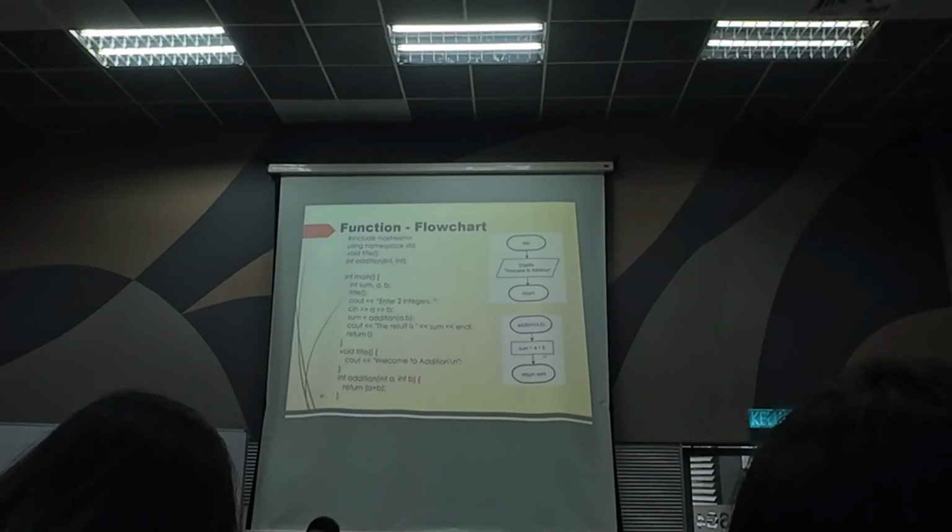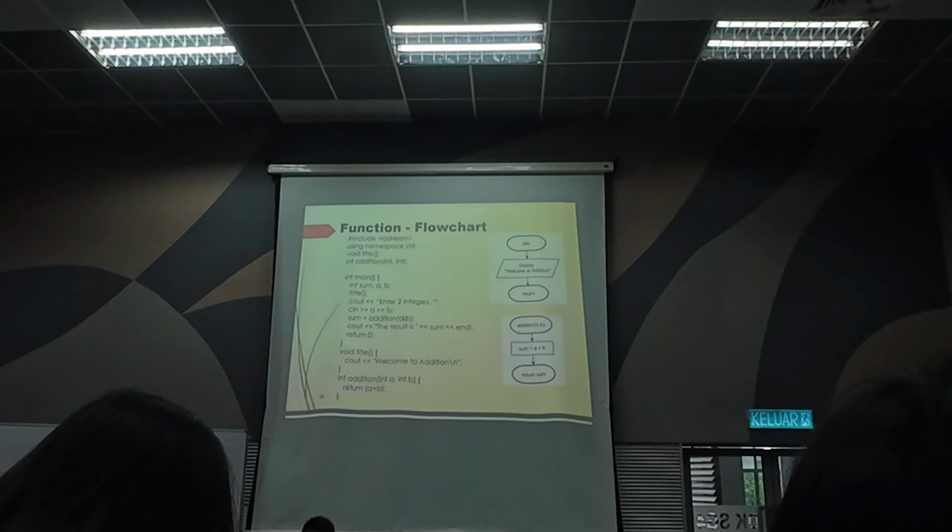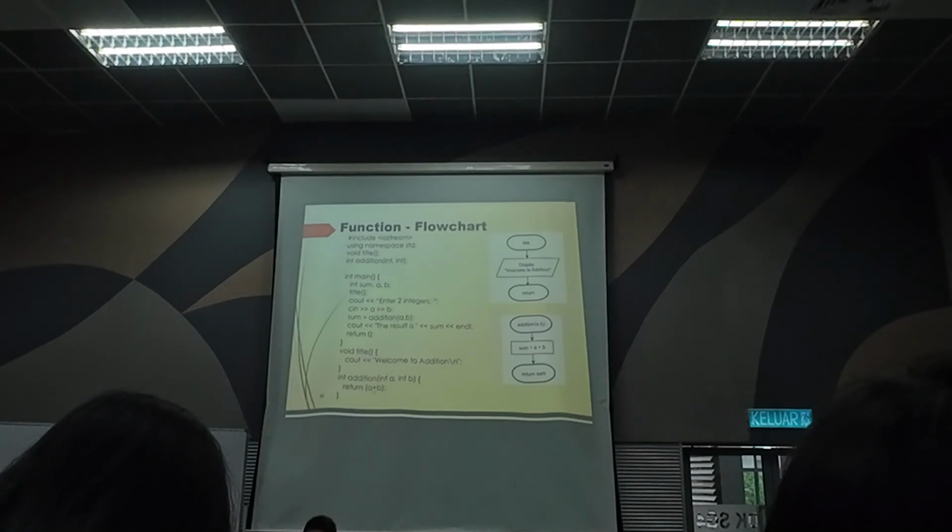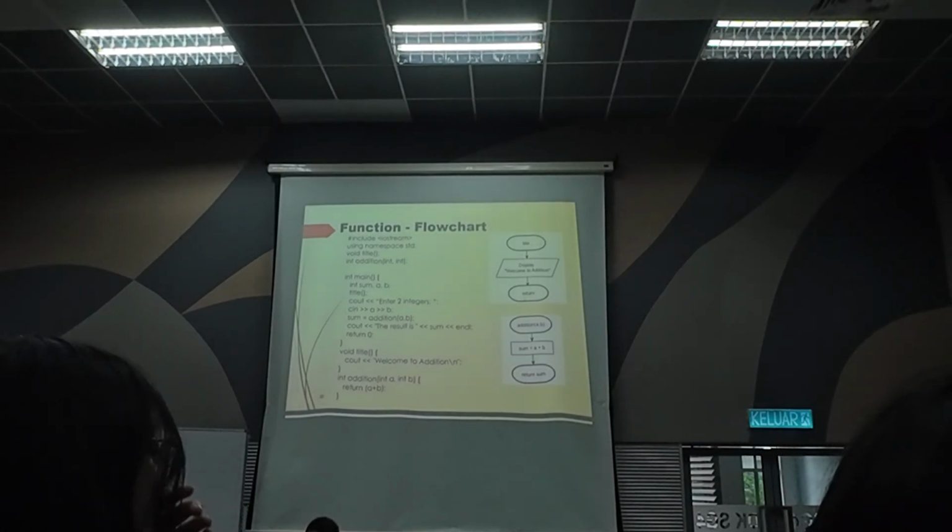So this is an overall flowchart based on the function code given. Here you design a flowchart. These two flowcharts are mainly focused on each of the functions that you have inside your program. First is your title function, and next is your addition function. The title is only to display the message, so you can just start from the title and return nothing.